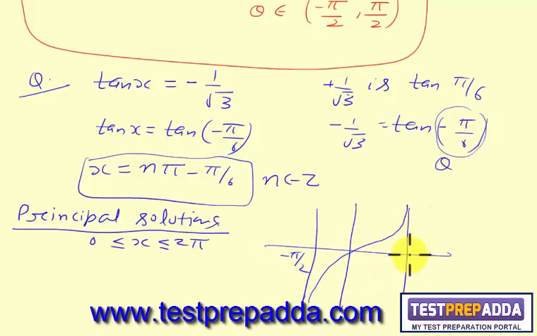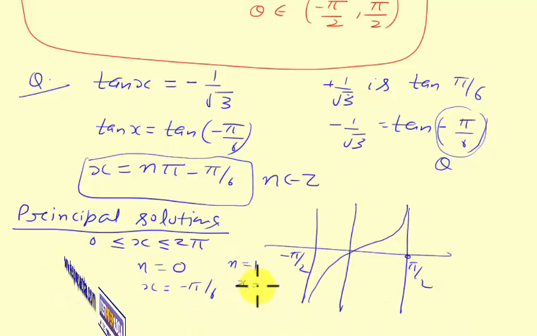Between minus pi by 2 to pi by 2, we have taken minus pi by 6. Now if I substitute the value of n as 0, x comes minus pi by 6. If I substitute the value of n as 1, then my x comes as pi minus pi by 6, and that is 5 pi by 6.